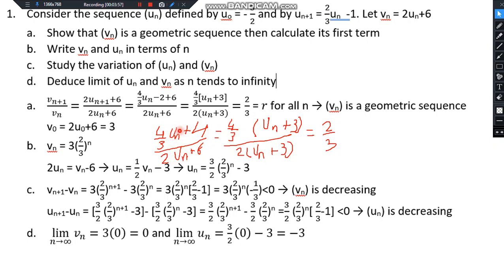So here 4 over 3 un plus 4. Check: 4 over 3 times un is 4 over 3, and 4 over 3 times 3 is 4. And down put 2 in factor. Always these 2 will cancel out. Okay, 4 over 3 over 2 equals 2 over 3. Always you're going to get this number. So since Vn+1 over Vn equals a constant number, we say that Vn is a geometric sequence. We need to find the first term.